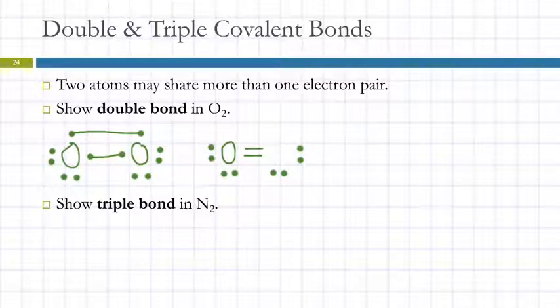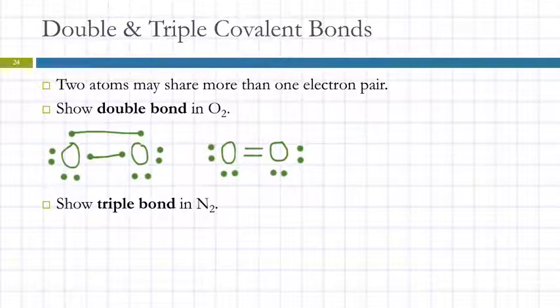Okay, so this oxygen has 2 lone pairs and 2 bonding pairs. So there's 2, 4, 6, 8 electrons, and for this one, 2, 4, 6, 8, octets. Happy. Oxygen's a diatomic molecule because it's more stable that way. It's happier.